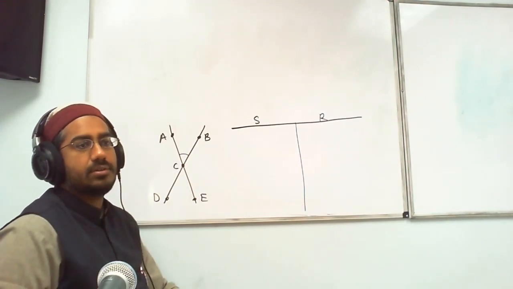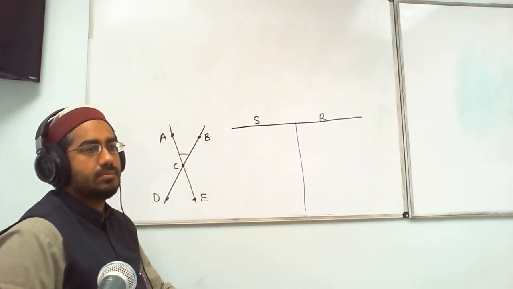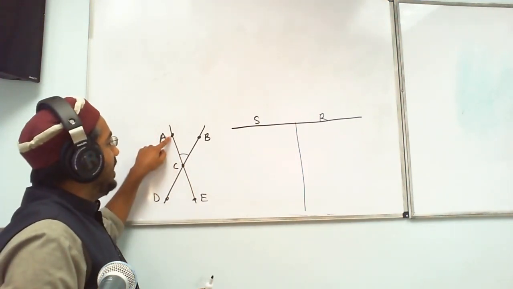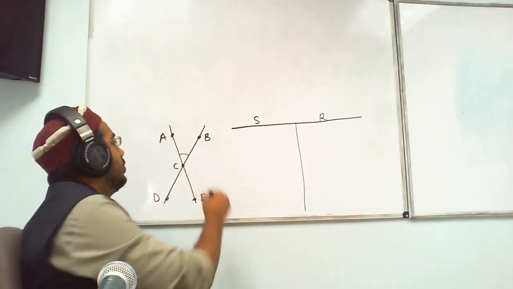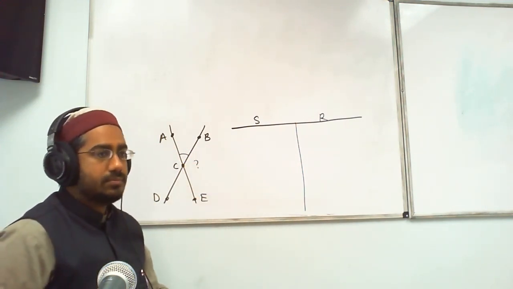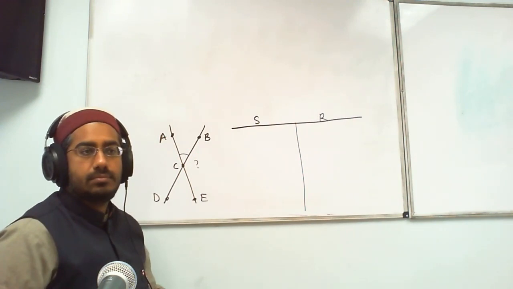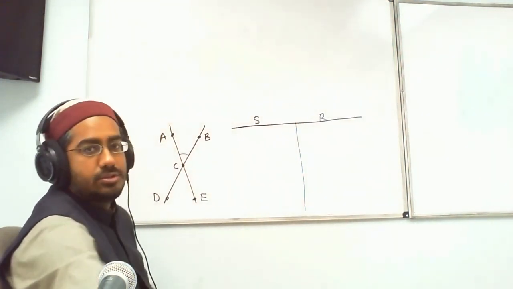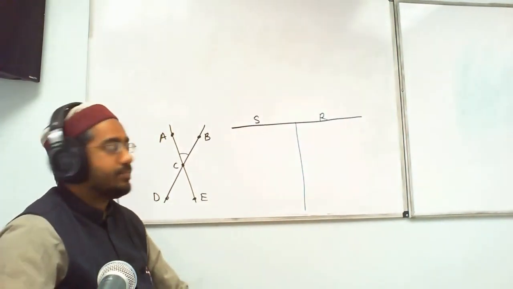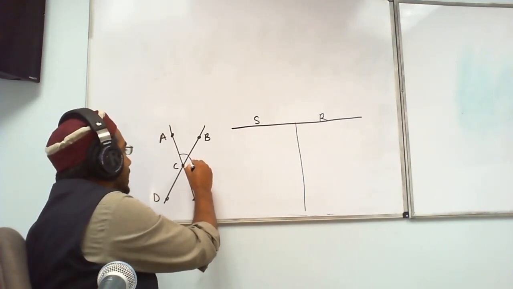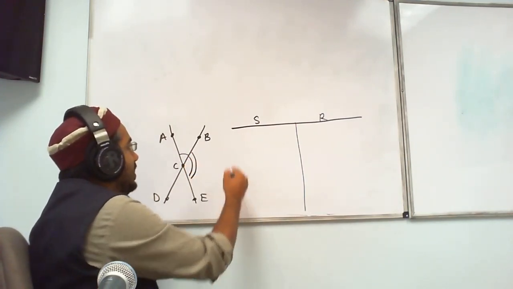Angle ACB, I start here at A. What is the name of this angle over here? How would I say this angle? Angle BCE. So I have angle ACB and angle BCE.